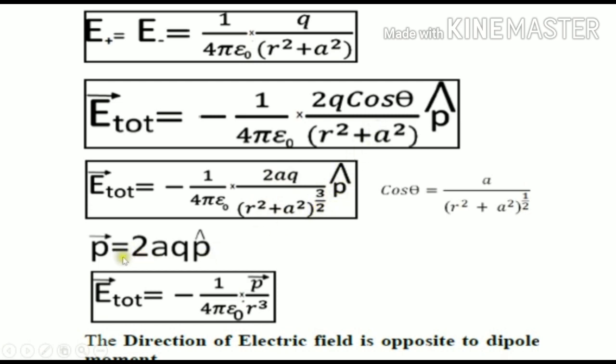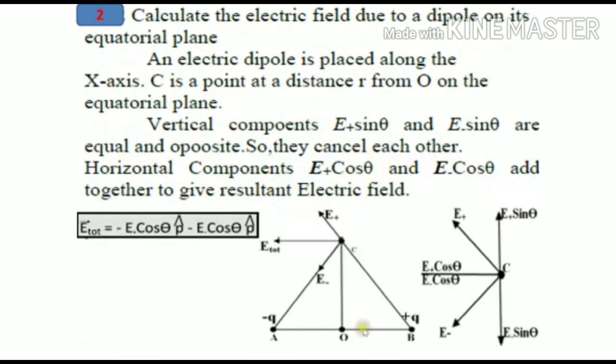We know very well the dipole moment p vector is equal to 2aq p unit vector. So E total is equal to minus 1 by 4 epsilon 0 p vector by r cube, when r is greater than a. So the direction of the electric field is opposite to the dipole moment.